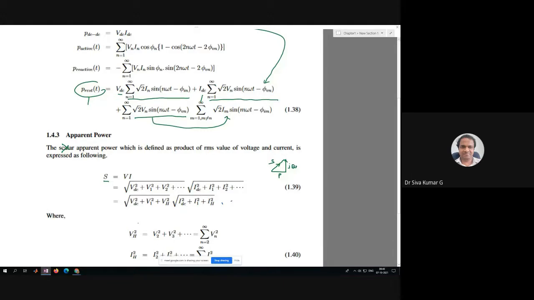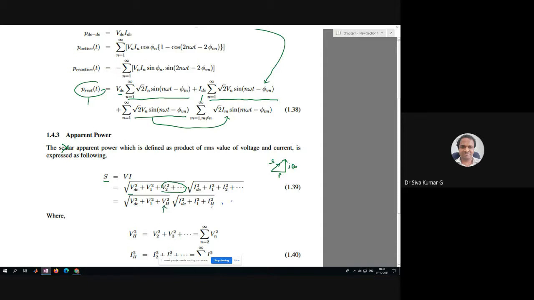The apparent power is defined as the RMS voltage times the RMS current.